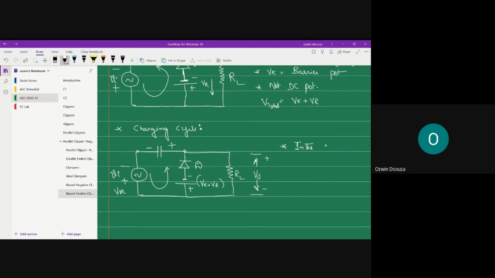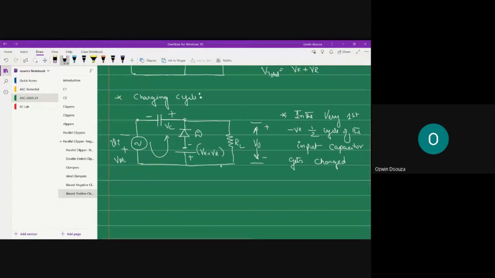So in the very first negative half cycle of the input, the capacitor gets charged. Let's mention the polarity as Vc.